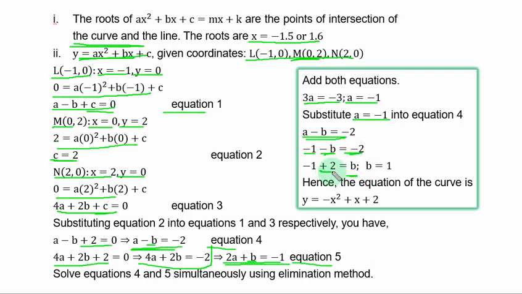It becomes plus, and b is equal to 1. So a is equal to minus 1, b is equal to 1, and c is equal to 2. So you come back to this equation and replace a, b, c with their respective values, and you have the equation that you are asked to write.